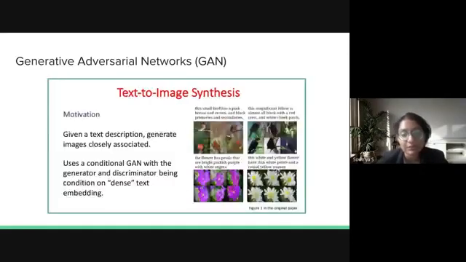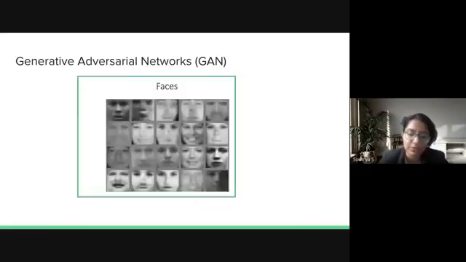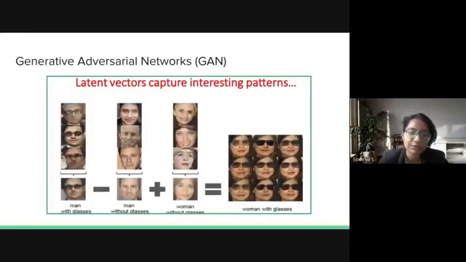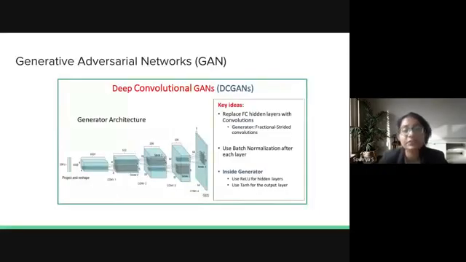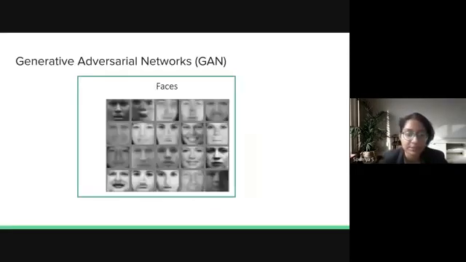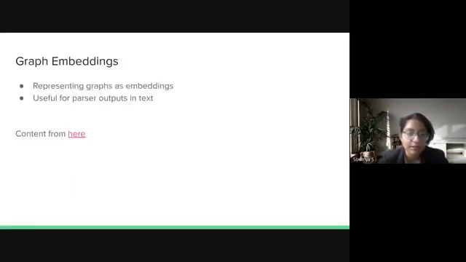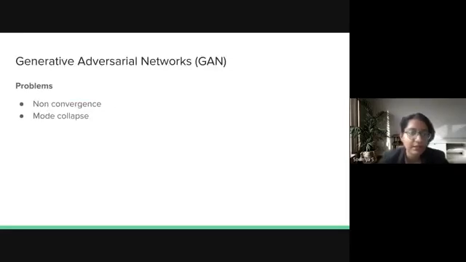However, it's also related to other problems in deep neural networks, where you have different and complex types of text that tend to overlap, and useful information is not obtained. So yes, this is it for generative adversarial networks.